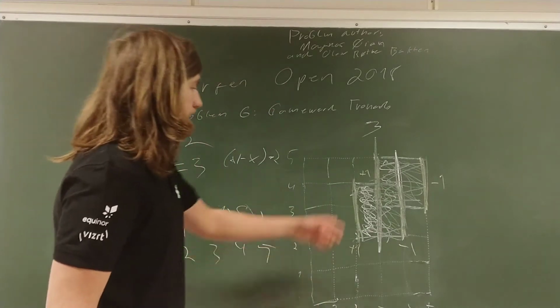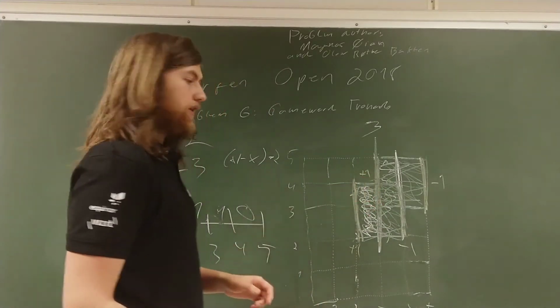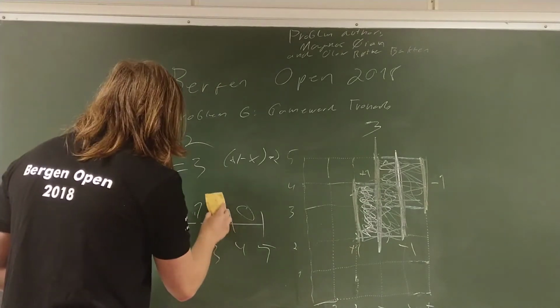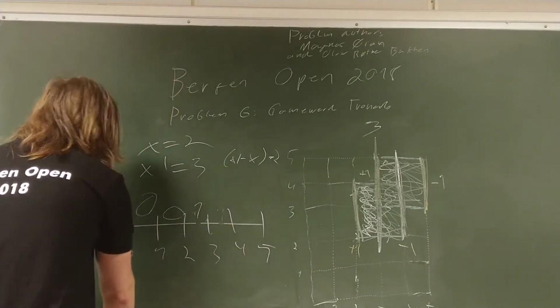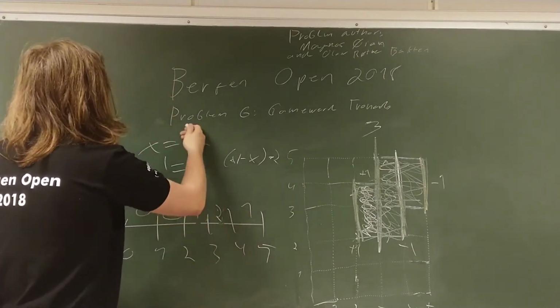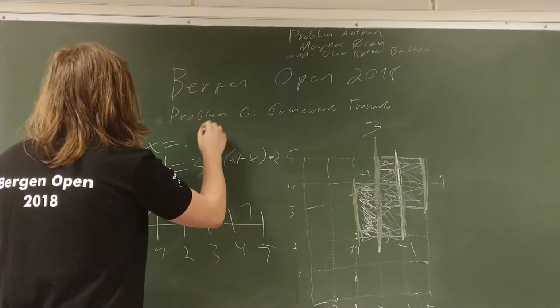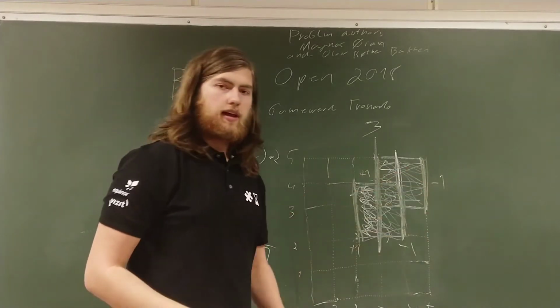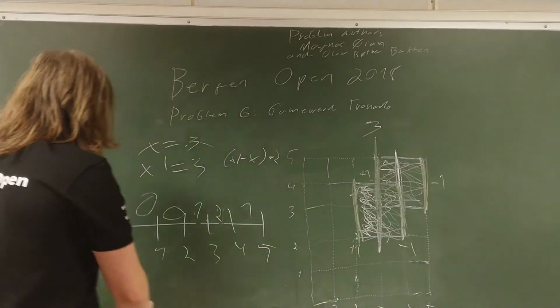And now we want to add this event to our array, which we can do easily by updating these two values. So this one becomes 2, and this one becomes 1, and our x value now becomes 3. And we can continue processing our events that way.